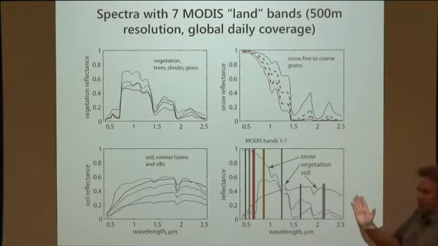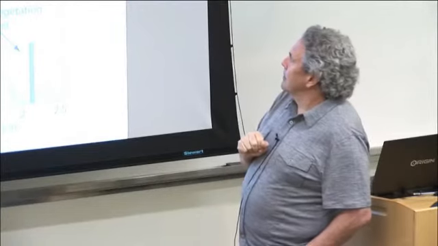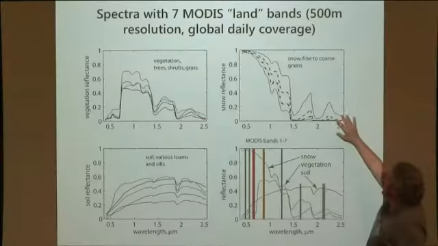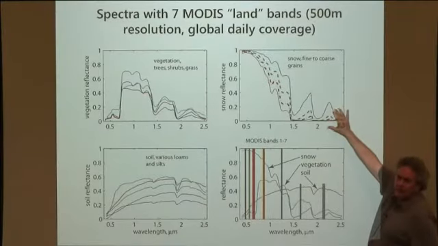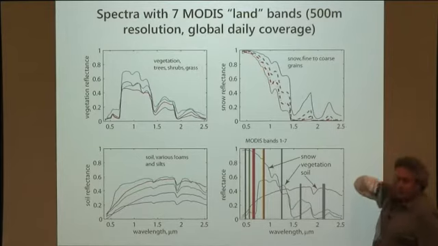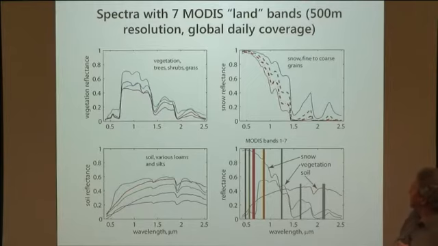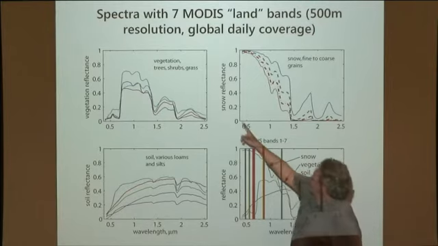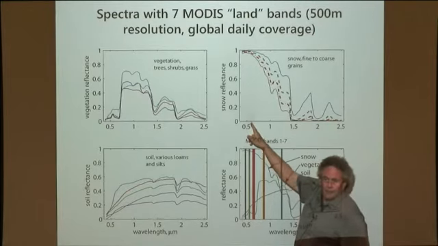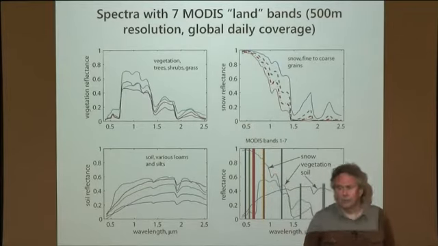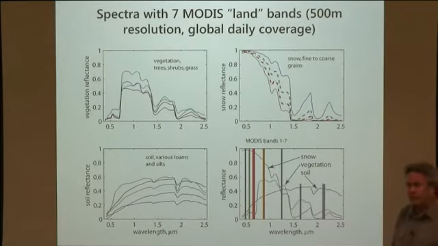That sometimes is called the red edge of the spectrum. And then snow, which has a lot of variability because of the grain size. But notice that the visible spectrum is only going out to 0.7 micrometers. And so much of that variability in snow is out beyond the wavelengths that you can see.